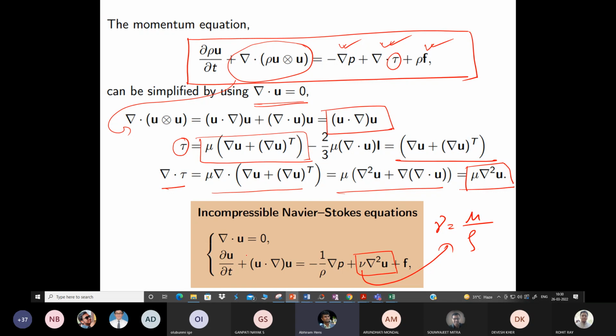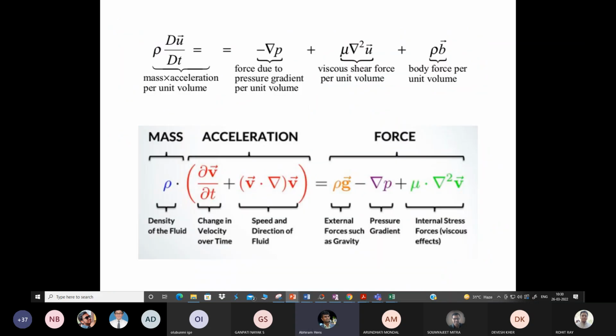So this is the incompressible flow continuity equation, del dot u equal to 0, and for incompressible flow you have del u del t plus u dot del u equal to minus 1 by rho del p plus nu del square u plus f, which is basically the Navier-Stokes equation. These two equations we need to solve in any particular domain, in any particular fluid geometry, and that is all about CFD.